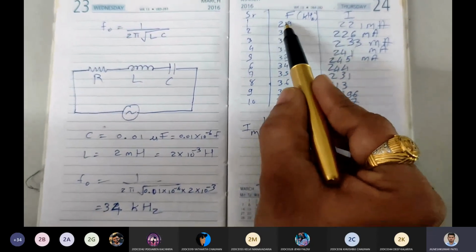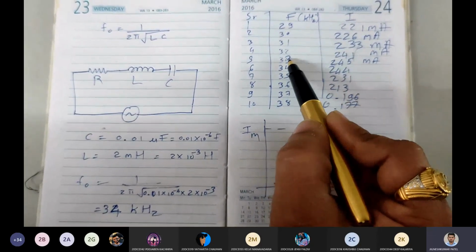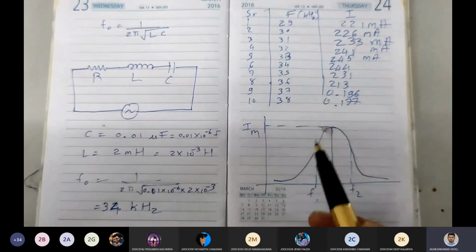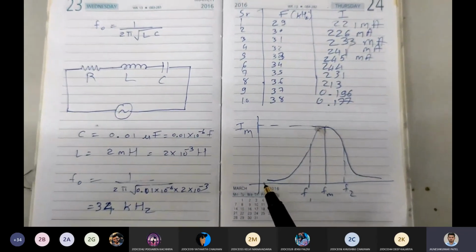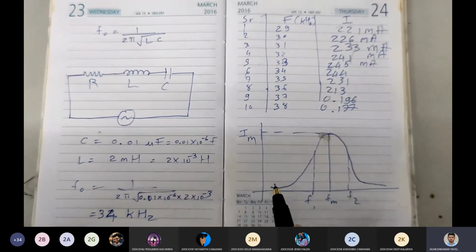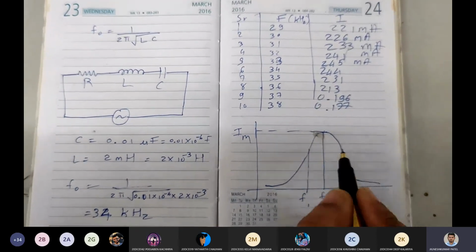From 29 to 33 it is increasing, and from 34 to 38 it starts decreasing. So if we draw the curve for current versus frequency, we get a curve in this shape.